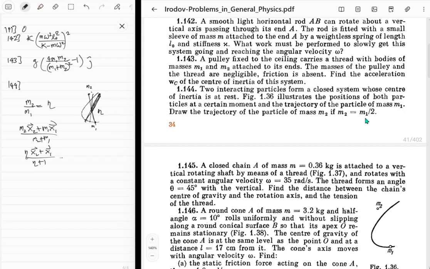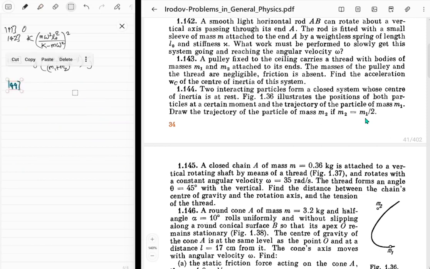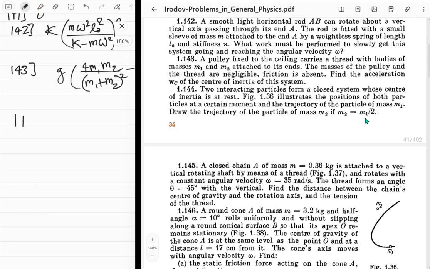So given what this position is, you can always figure out what this position is. If this was given in equations, it would have been doable, but just like that, I cannot draw it. I can never draw an accurate graph of this. Let's go to 1.45 then.